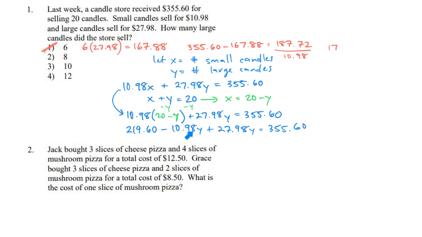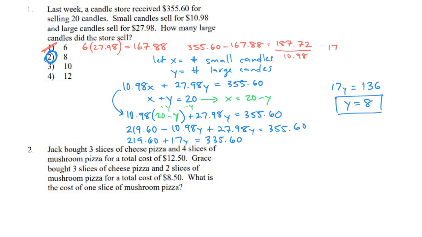I've got a negative 10.98 and a positive 27.98, so I'm going to get positive 17y. That equals 355.60. I'm going to subtract 219.60 from both sides. I get 17y equals 136, and so y equals 8, and there is my number of large candles, 8.